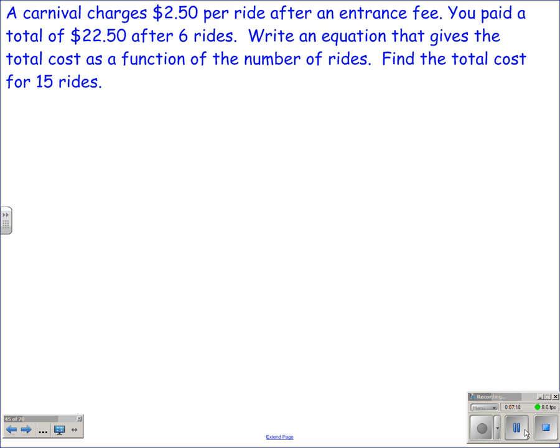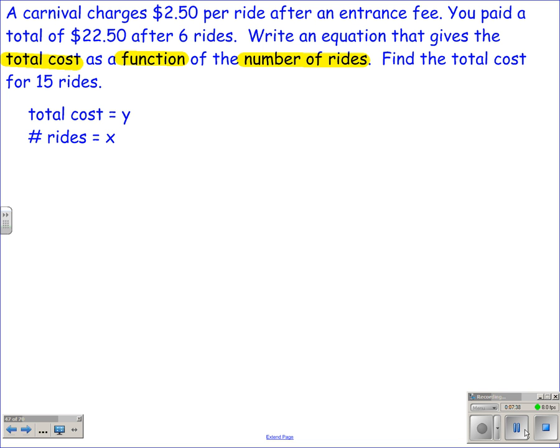Well, as we start this one, we see that we need to find the total cost as a function of the number of rides. What that tells us is that y is equal to the total cost and number of rides is our x. Usually, money is your y, so that leaves x to be our rides.